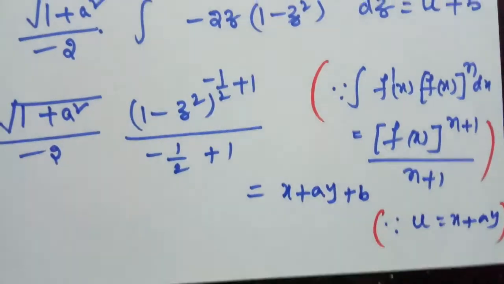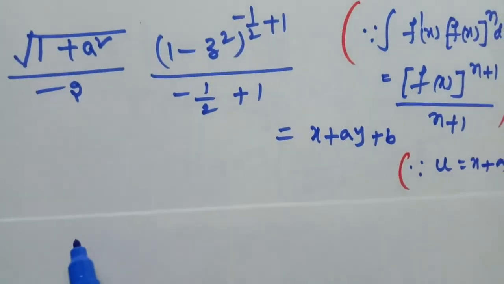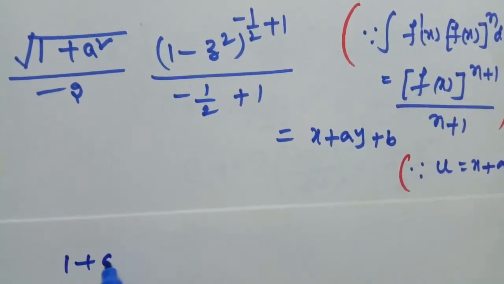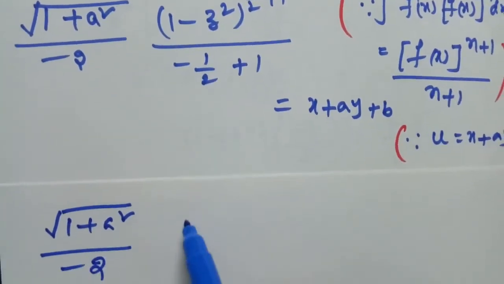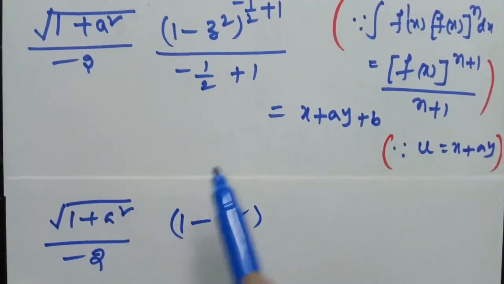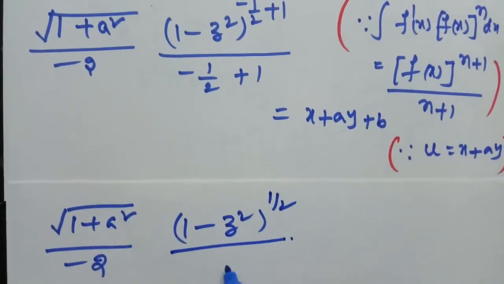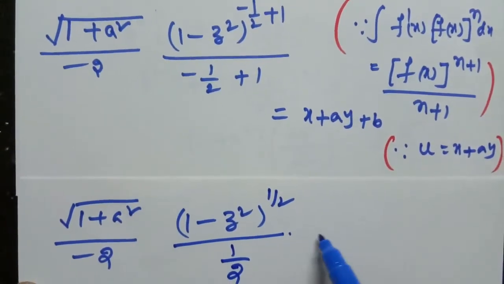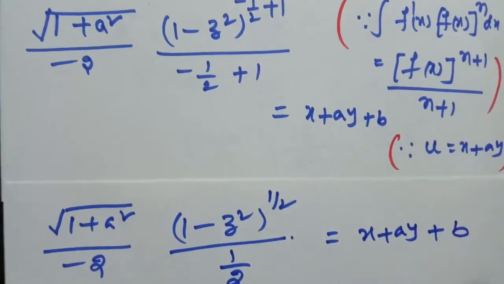Therefore, simplify the left hand side: root of 1 plus a square by minus 2 into 1 minus z square whole to the power of minus 1 by 2 plus 1, which is 1 by 2 by 1 by 2, is equal to x plus ay plus b.